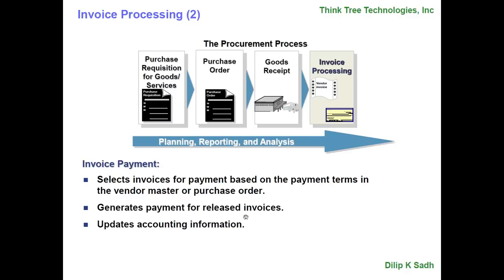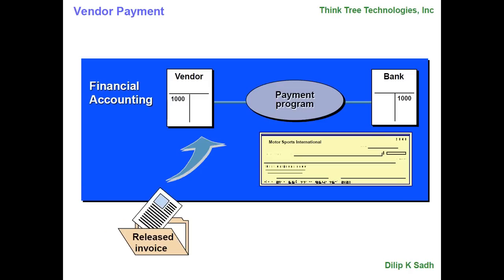As per the payment term, every vendor can have one or different payment terms, and those payment terms can be maintained in the vendor master. Then we can pay the vendors as per the payment term. Generate a program for releasing invoices. The system can automatically post outgoing payments and update the accounting document.